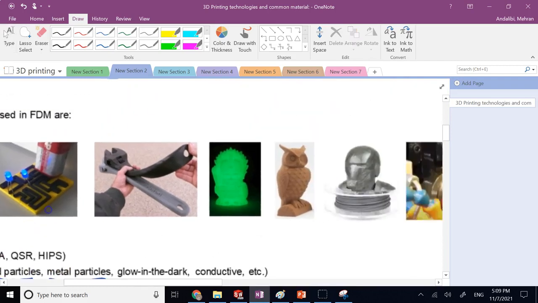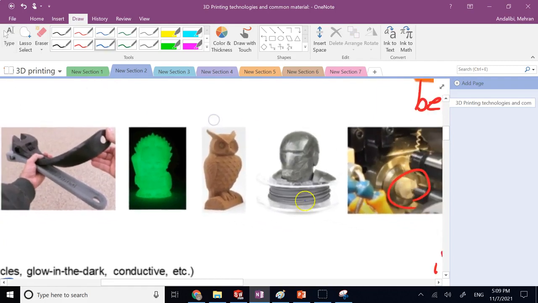Really? Yes. If you look at these two here, this one has basically, I guess, silver particles, if I'm not mistaken, and this one has wood particles. So when you print them, they absolutely have a different surface finish that looks like wood or looks like metal.